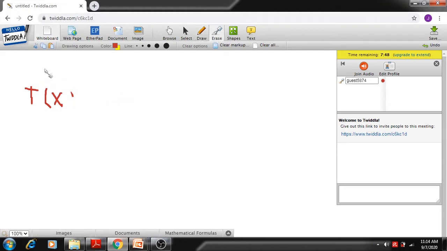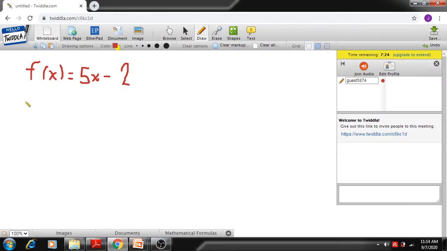Well, let me erase that. Sorry, really bad handwriting. f of x equals 5x minus 2. And there we go. Better. Not the best, but better.